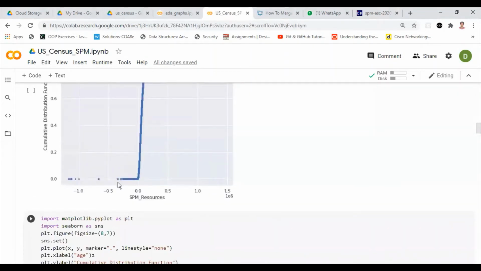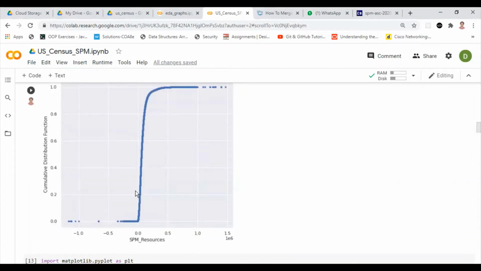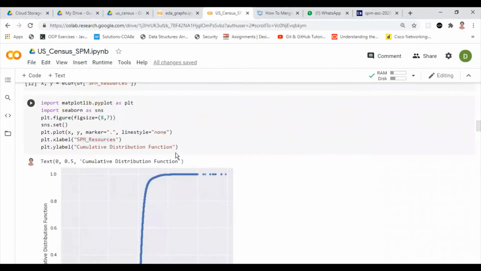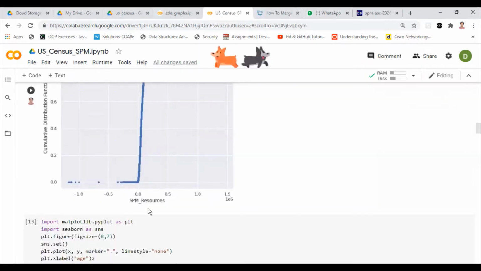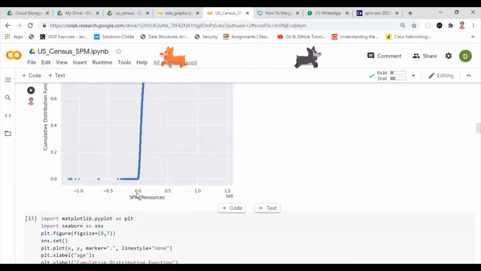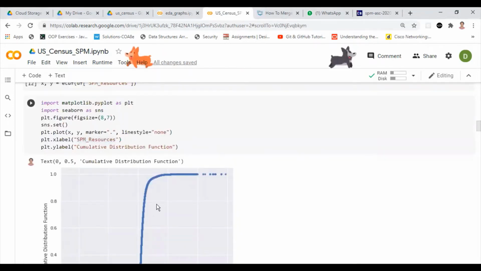And now coming to the distribution tests. First, with respect to SPMResources. After plotting the cumulative distribution function on the variable SPMResources, it can be observed that the graph is not too different from the normal distribution.